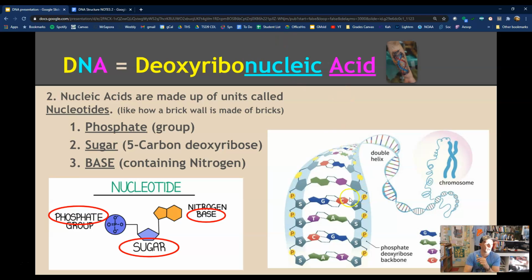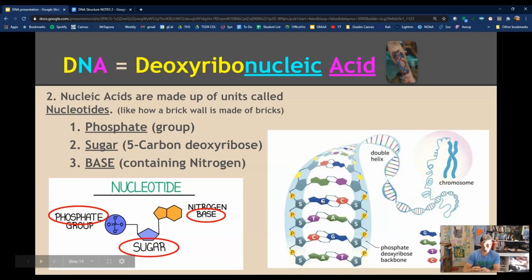You see that here on this model as well, with the phosphate and the sugar on the sides, and then in the middle, they have different letters for the bases, which we'll discuss in just a minute, because bases have different names. It's the nitrogen base in the middle, or a base containing nitrogen.